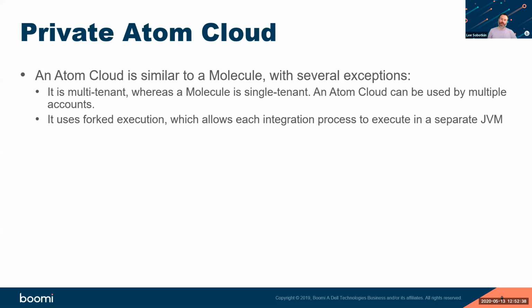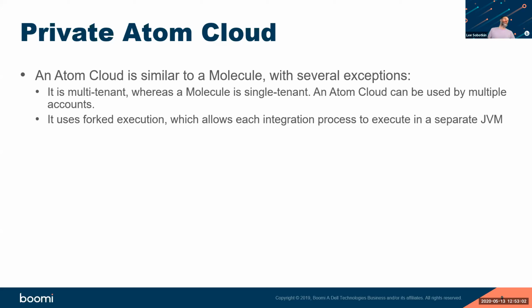So think about it from the perspective of instead of having to install molecules and atoms in every sub-account and manage that infrastructure in various places, now I can condense my physical infrastructure into a single environment and then create many different logical environments to accommodate my various sub-accounts.